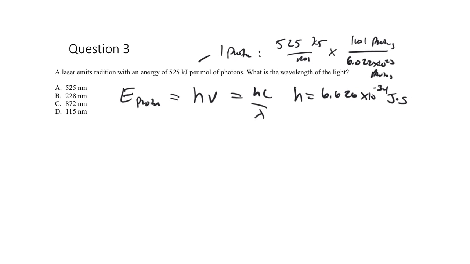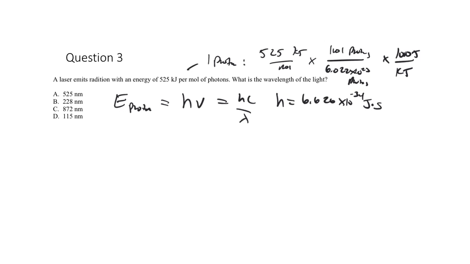A kilojoule is 1,000 joules. And so the energy per photon is 525 divided by Avogadro's number, 6.022 E23, and then times 1,000. And so the energy per photon of this radiation is 8.718 times 10 to the minus 18 joules.